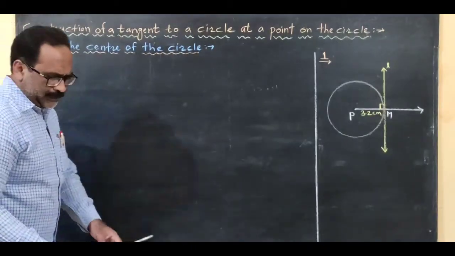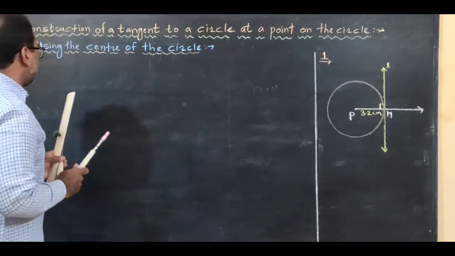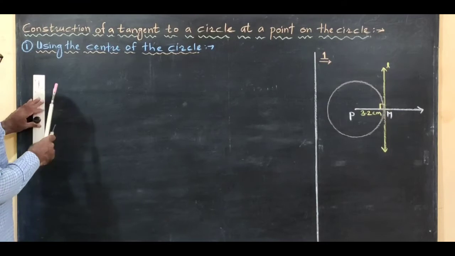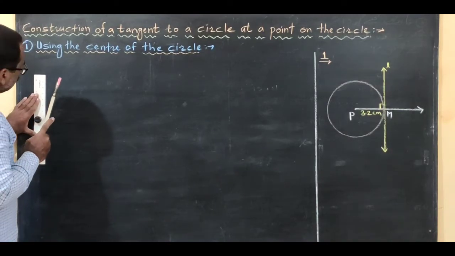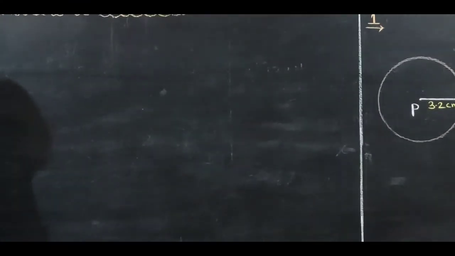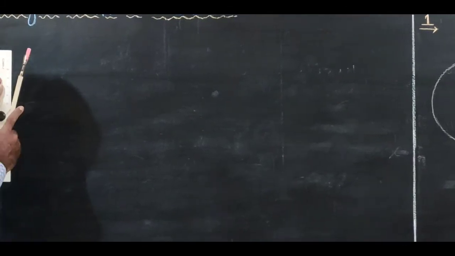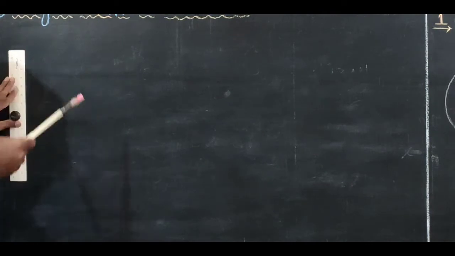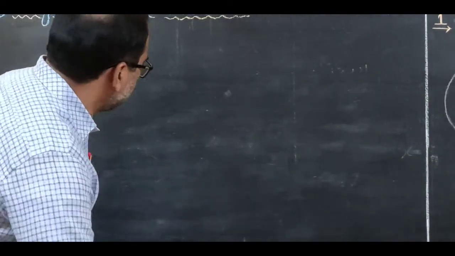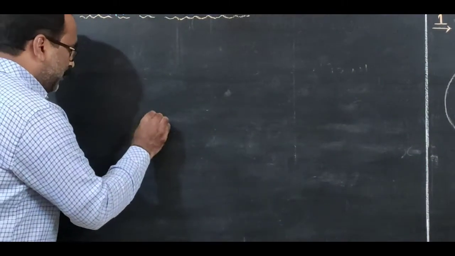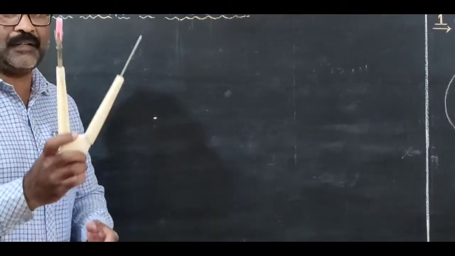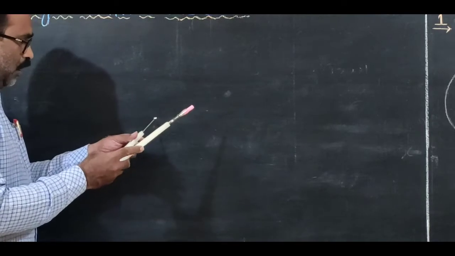First we take a distance of 3.2 centimeter in our compass and we draw a circle.